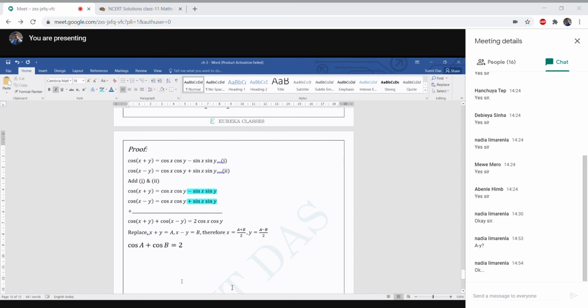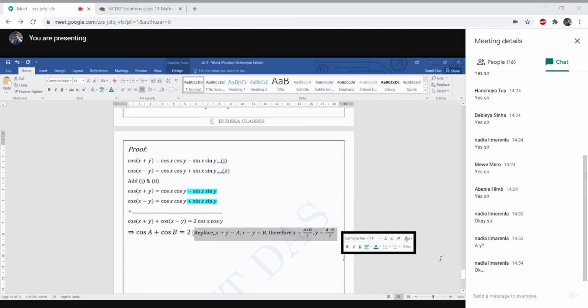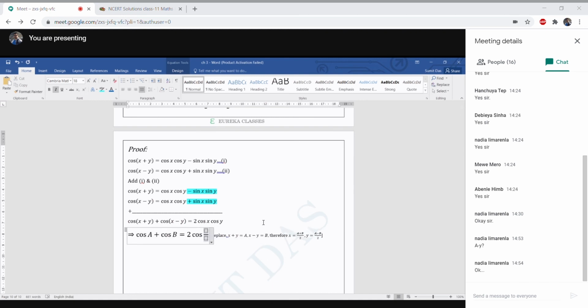So if you replace these, it will be 2 cos of x value, A plus B divided by 2, and cos of y value, A minus B divided by 2, right? So this is our formula.